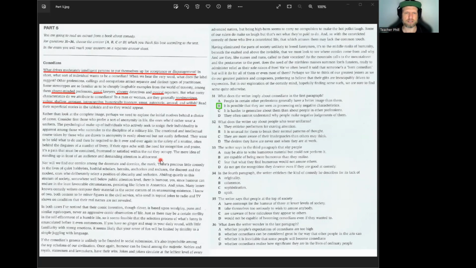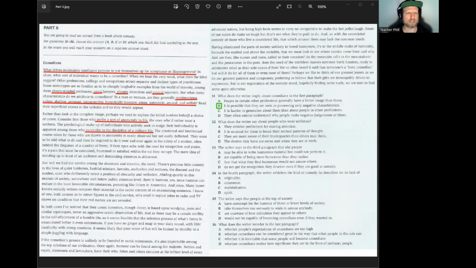Okay, so I've read the second paragraph here, and it says, what does the writer say about people who wear uniforms? And I think there were a couple of things that stood out to me. He talks about people in uniforms that they prefer anonymity in life. They say they surrender to the discipline of a military life.